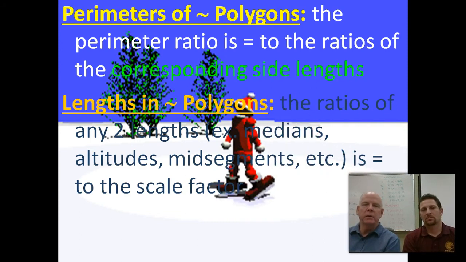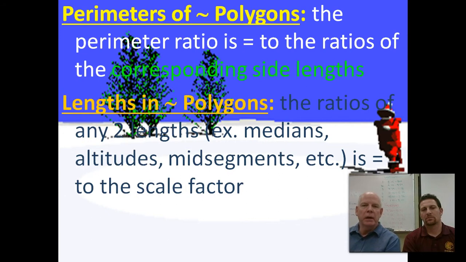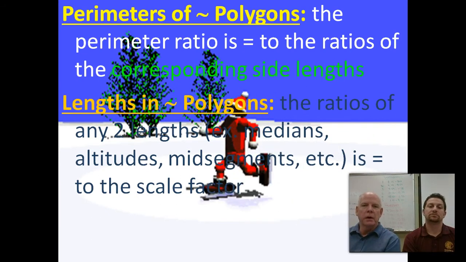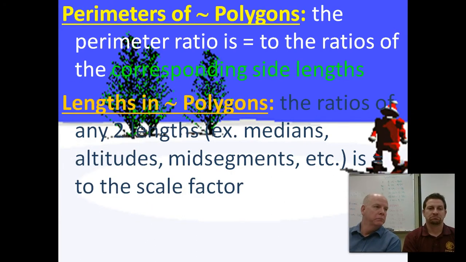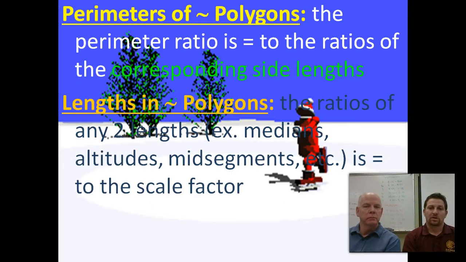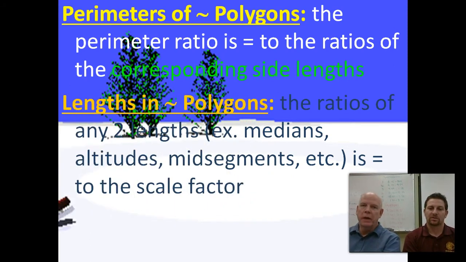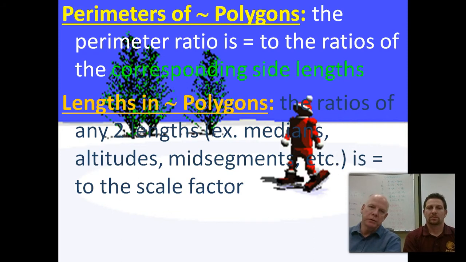Basically what these two theorems are saying is that everything within the shape we're looking at, if they are similar to each other, then the ratio of those is the same as the ratio of the sides. Anything else there? Nope. Pretty straightforward. Everything's proportional with one another, guys. Doesn't matter what piece. We're just going back to sections 1 and 2 of setting up ratios and solving proportions. Same thing.